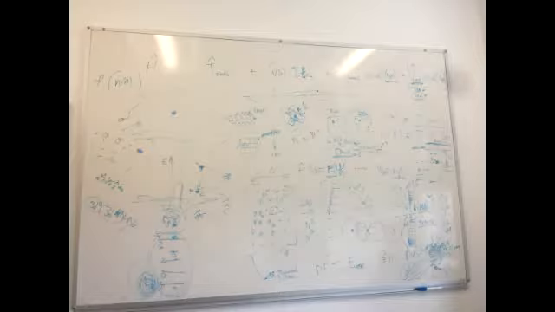These guys are technically also operators, but they are very simple because they're just numbers. These guys are not numbers. So what we actually solve in quantum mechanics is H psi equals E psi.